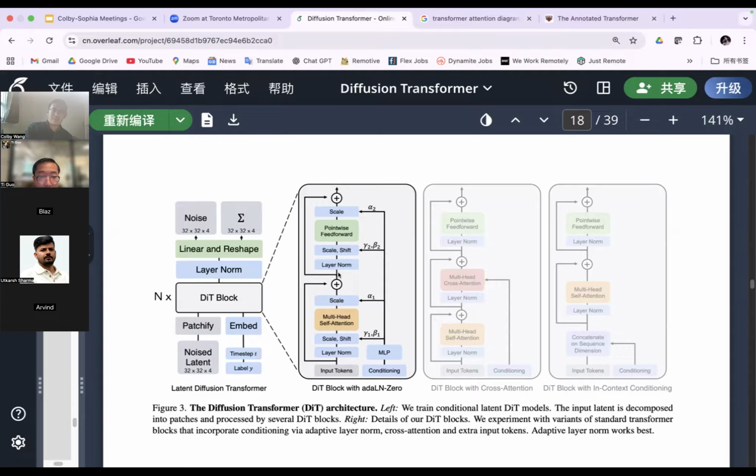After scaling, we do another layer norm, another round of things, and then we have a neural network here that stands in the middle. This defines one of the transformer blocks.